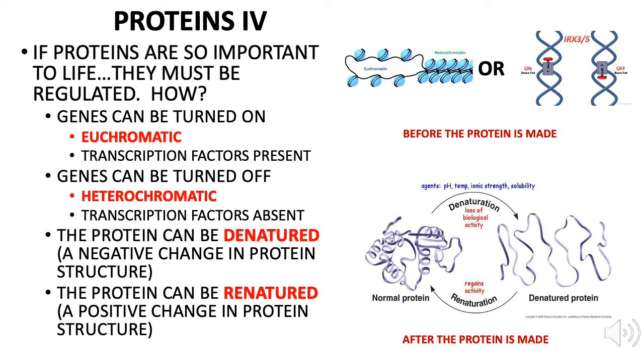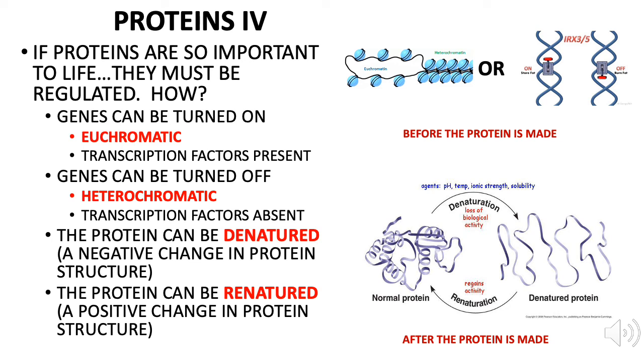Denaturing a protein, a process called denaturation, is creating a negative change in protein structure. As a consequence, the structure is altered and the protein does not do what it's supposed to do. On the other hand, you could bring that structure right back to where the protein has the exact same activity as it had earlier.